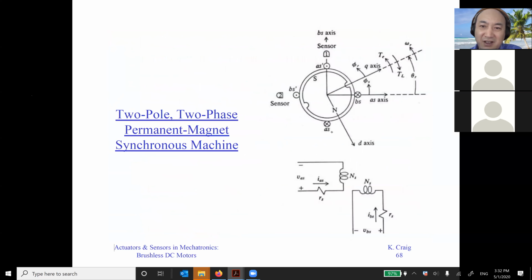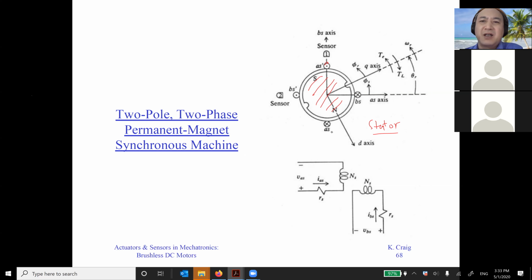Inside is a permanent magnet. The rotor is inside, and the stator is outside. In the stator, you have windings arranged in such a way that the magnetic field is sinusoidally changing.